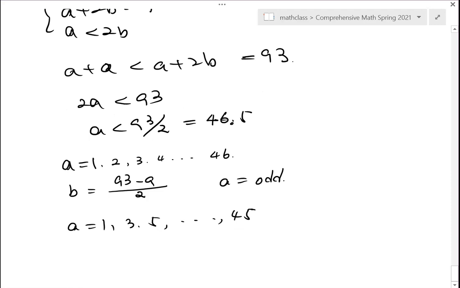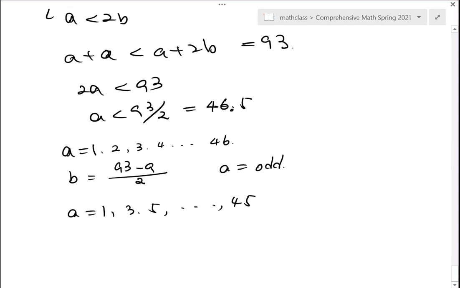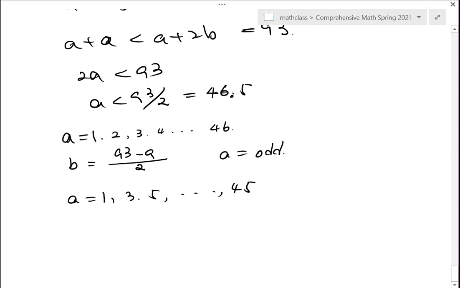Okay, so how many of them, right? You just count the odd numbers. I think it's 23, right? So how can I express odd numbers? Odd numbers I can express in the following way: 2k minus 1.